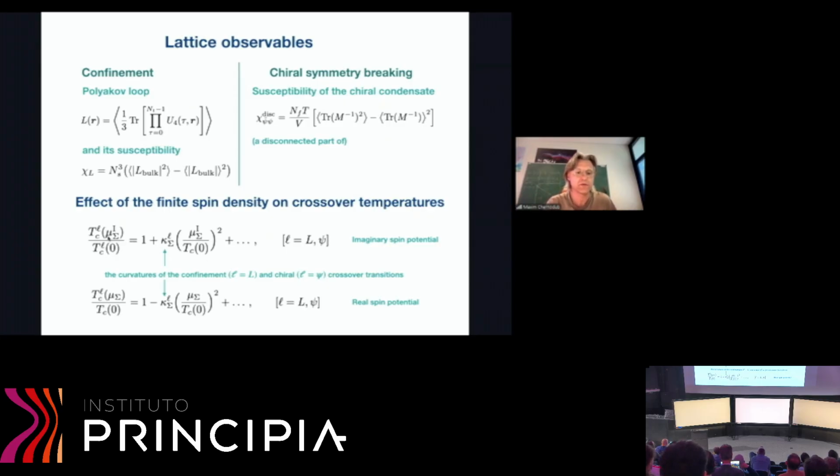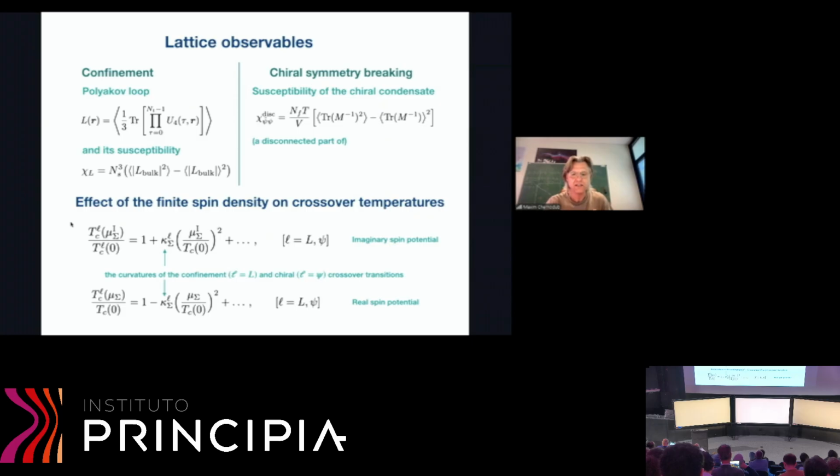For example, if temperature increases with some factor kappa, then when we pass to the real spin potential, this kappa should be inverted. Basically, we should have a minus sign here, in the very same way as happens with the baryonic chemical potential. So our quantity of interest is the pseudo-critical temperature of the crossover transitions.